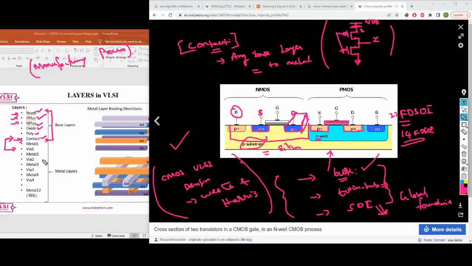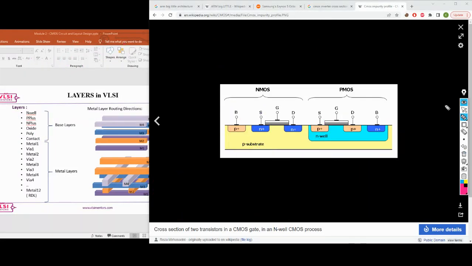Now interconnects. Now metal layers. Remember, we talk about the interconnects. Now look at this.